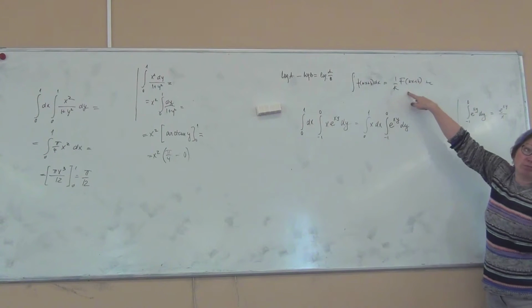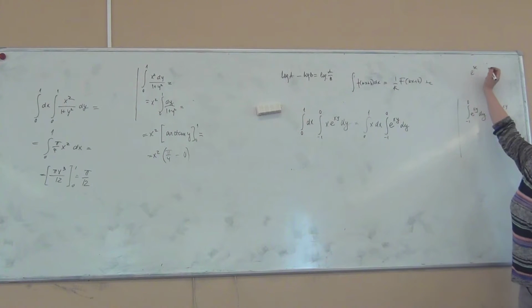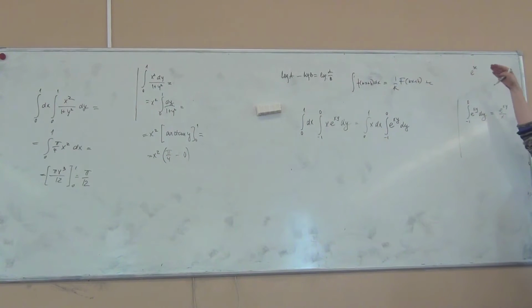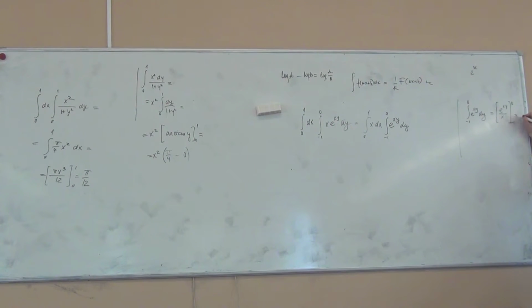Again, the same rule. It's like integrating e to the power 3x. You get e to the power 3x divided by 3. Minus 1, 0. We put it in y. So if y is 0, e to the 0 power is 1. So 1 over x.